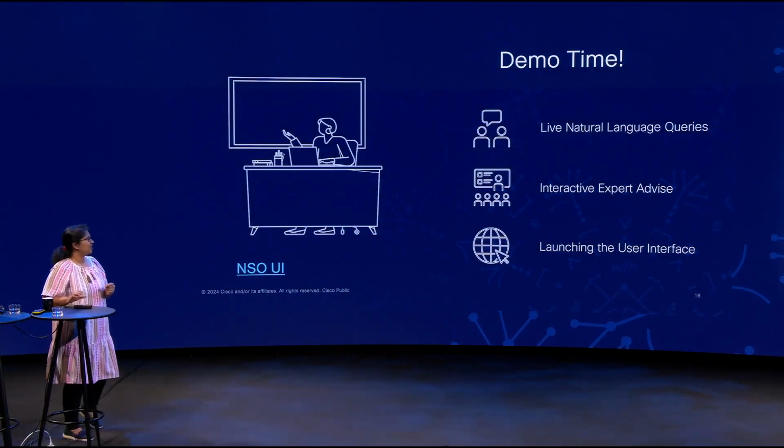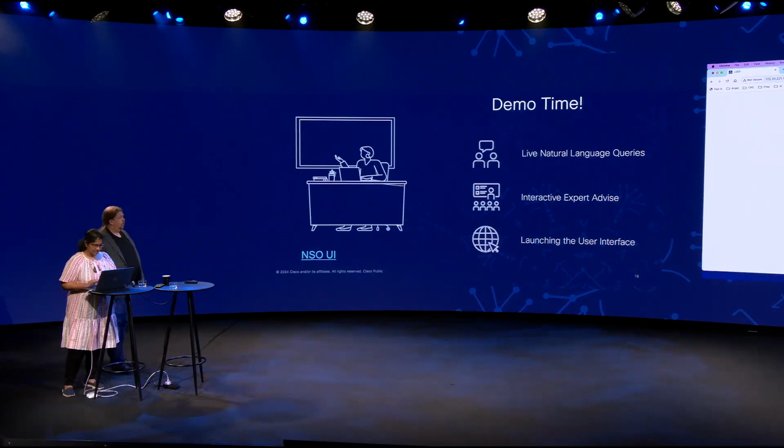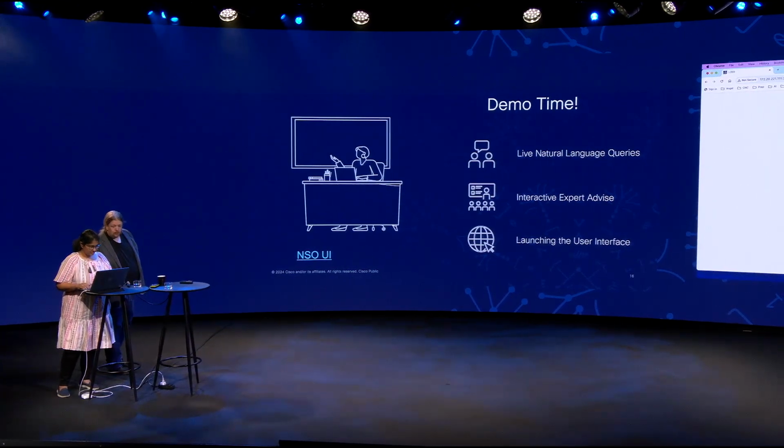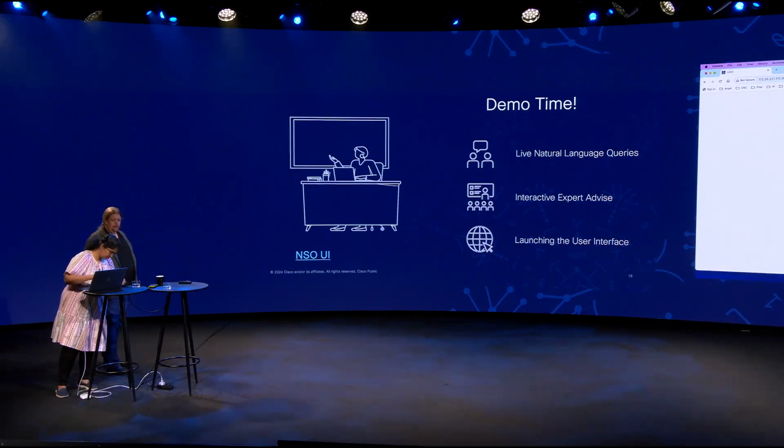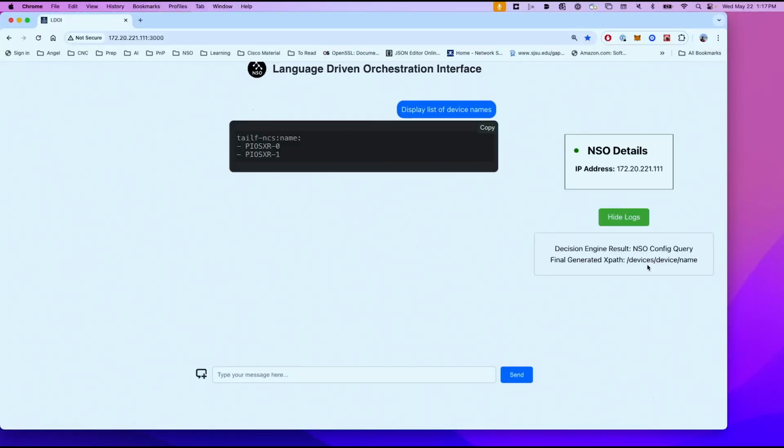All right. Moving on. I'm going to start off with some documentation queries. First, I'm going to ask a novice question like, how am I going to enable a hide group in ncs.conf?